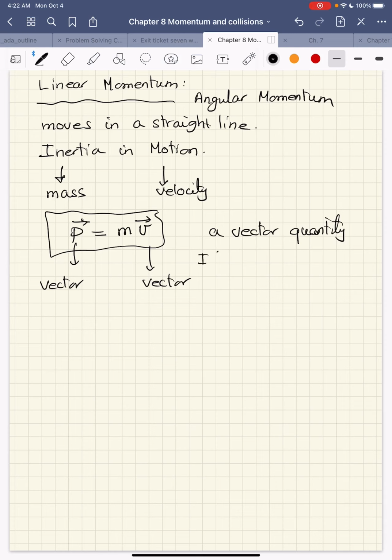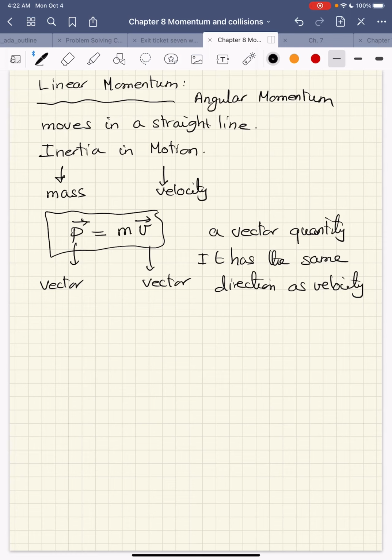It has the same direction as velocity. If the object is moving to the right, momentum is positive. If the object is moving to the left, momentum is negative.